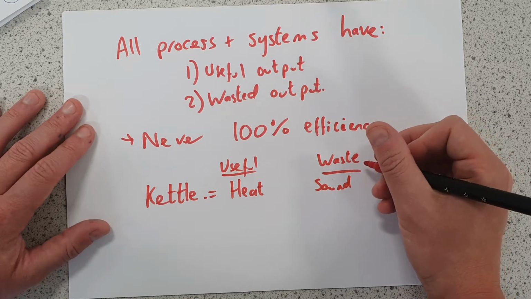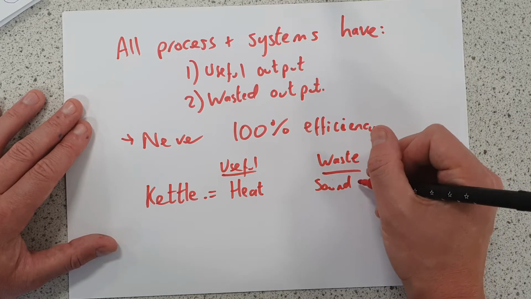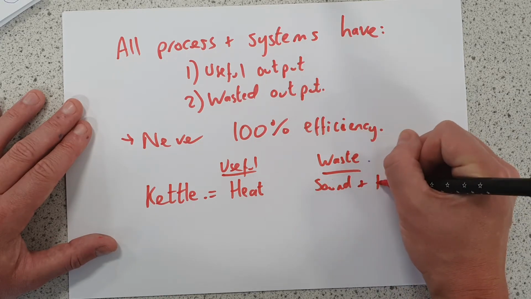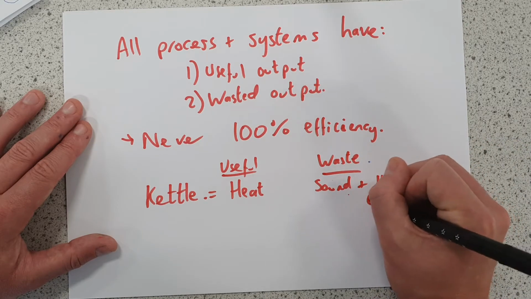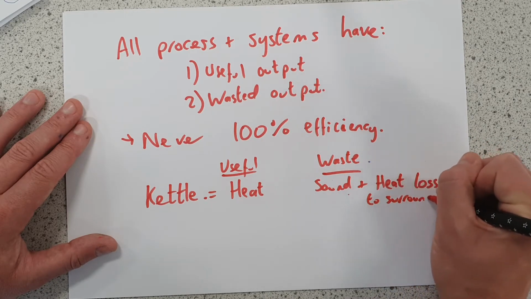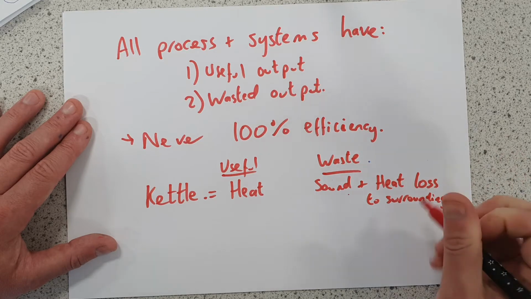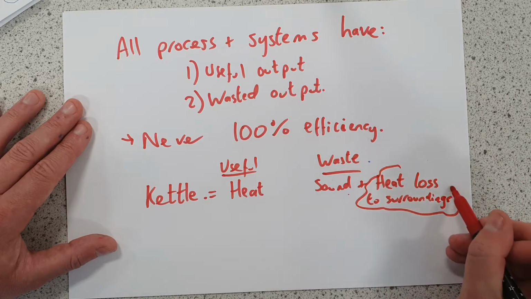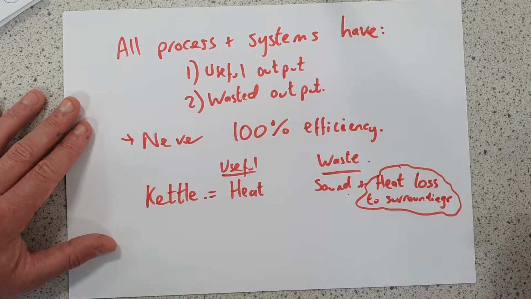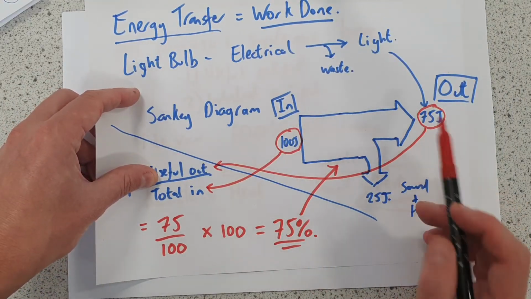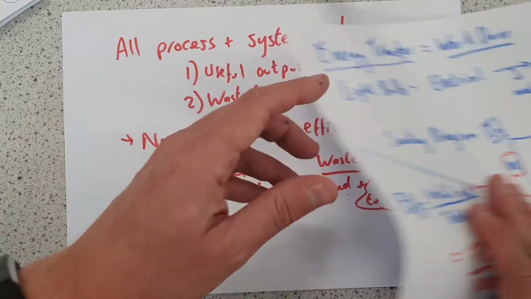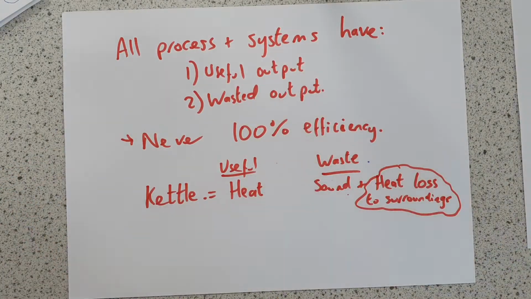You might get some infrared light from the filament, but also you have heat loss to the surroundings. So anything that loses heat to the surroundings is not putting the heat, in this case, into the useful output. The heat's going down into the surroundings and is not useful.